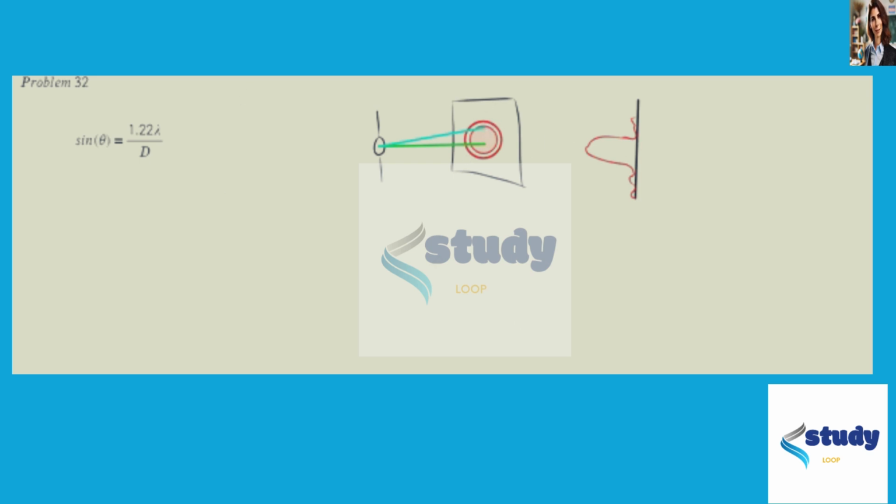Okay, so for the resolution limit, this angle is going to get even smaller. And remember, for small angle approximations, sine of theta is approximately equal to theta. So the equation for that Rayleigh criterion is theta res equal to 1.22 lambda over d.